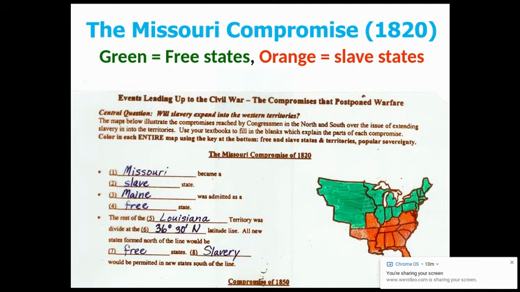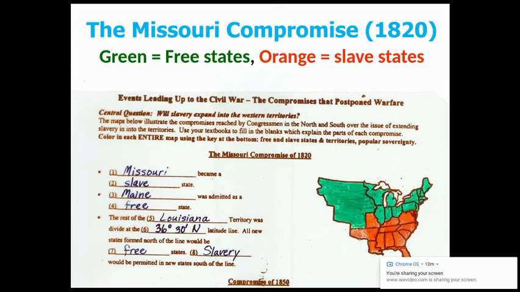I use green for free states or territories, and I use orange for slave states or territories, and I'm going to use blue for popular sovereignty. But at this time, you need to color your free states with the color you chose. You'll see at the top that I wrote down here that I went with green for the free states.